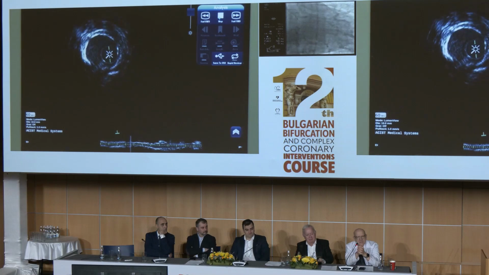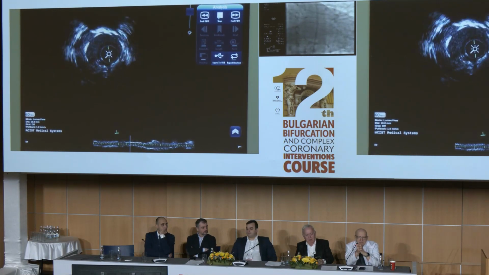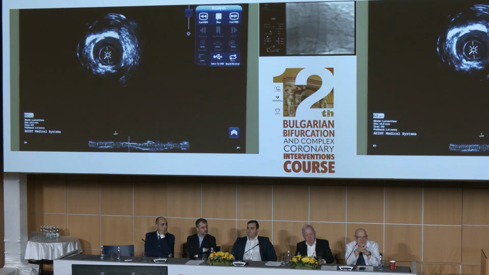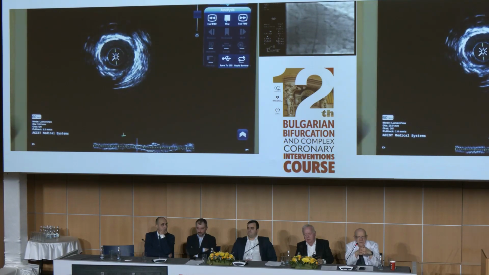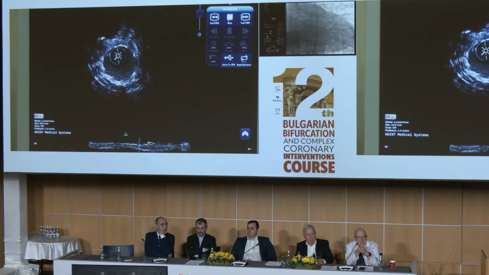But what I think in this aneurysmatic part, probably this is something that should be left in this way because it is difficult to get a full apposition of the stent in this ectatic part.